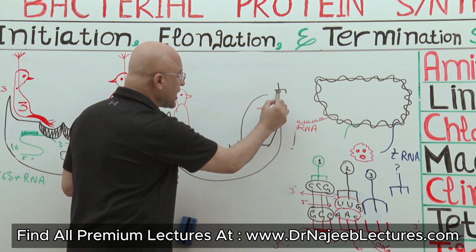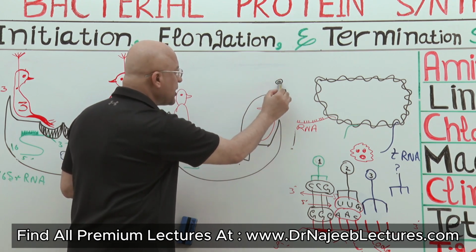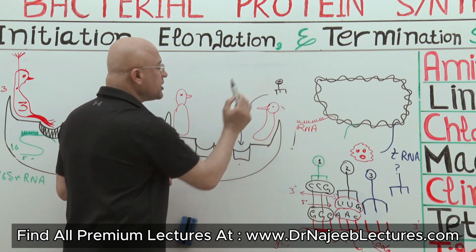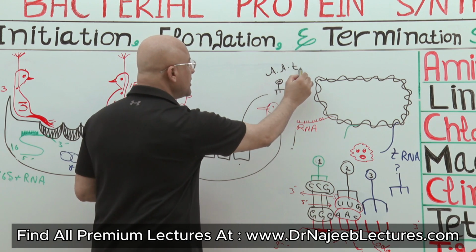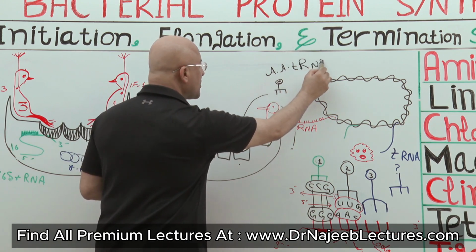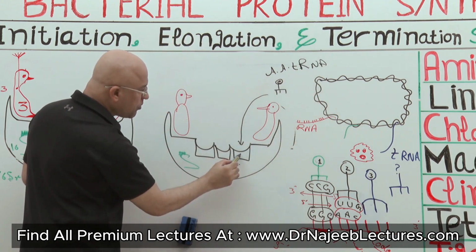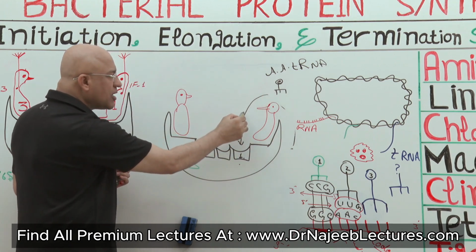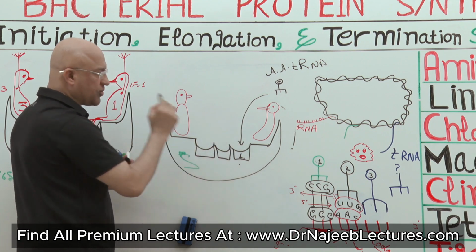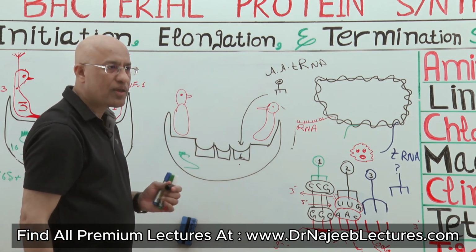Suppose this is a transfer RNA which is coming here with an amino acid. Because it is loaded with an amino acid, it is amino acyl transfer RNA. Now, this first pocket will bind the incoming or newly arriving transfer RNA, right?